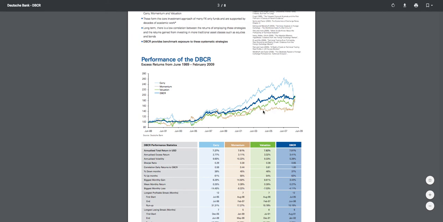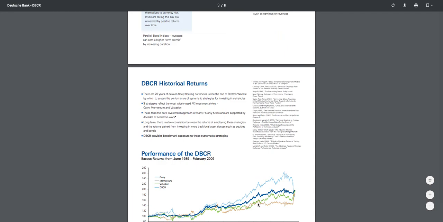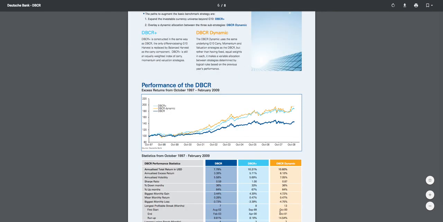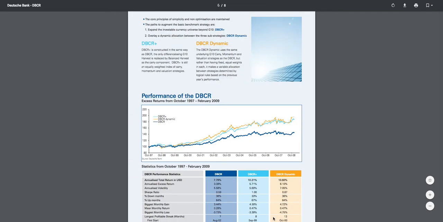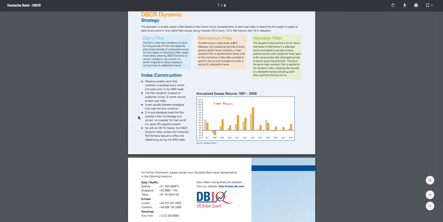So it takes profit by selling when the trend skyrockets, when returns skyrocket on momentum, and then it re-enters when there is a lengthy period of trending or no trend in prices. So you would want to benchmark to the DBCR dynamic filters instead if you're looking to benchmark your returns for active management.